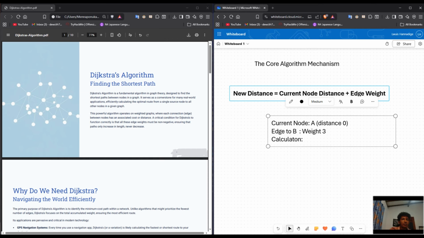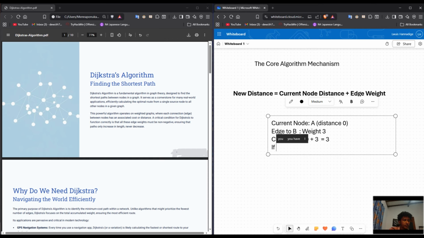The calculation will be: the initial node distance is 0, and we have to add the edge weight. 0 plus 3 equals 3. Now the infinity mark is coming. If 3 is smaller than infinity, then it will be okay.